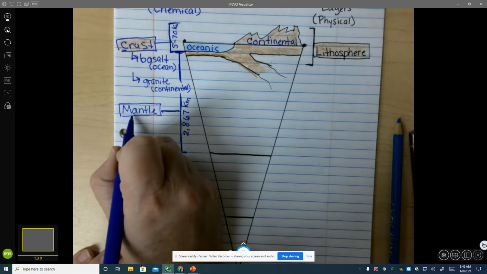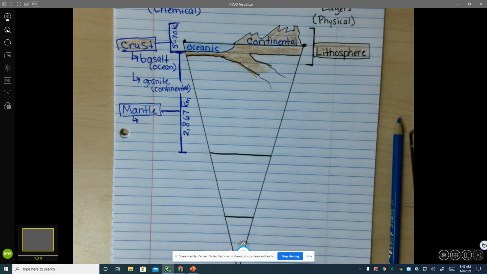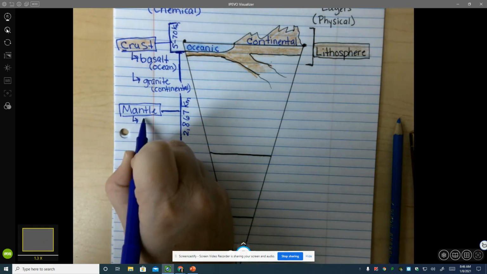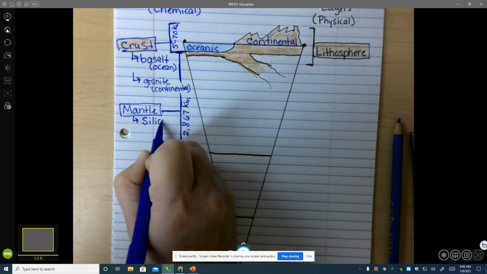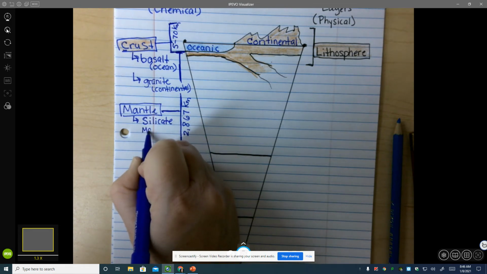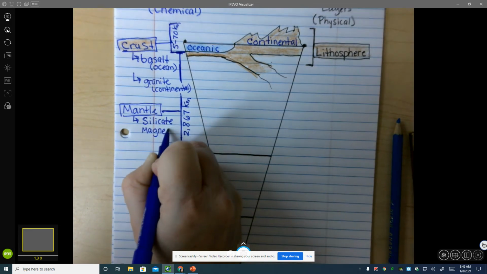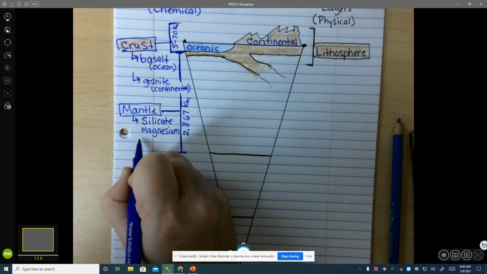And what is the mantle? Yesterday it was said made of peridotite, but that is just a combination. It's a lot of silicate. So write silicate with a combination of magnesium, and some iron.